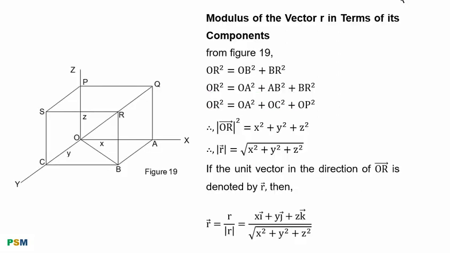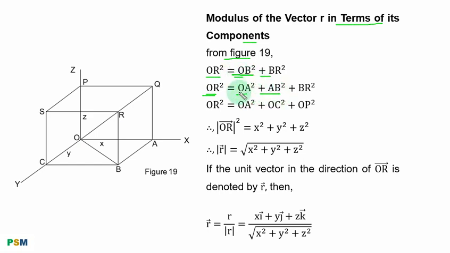Modulus of the vector r in terms of its components. From Figure 19, OR squared is equal to OB squared plus BR squared. That is Pythagoras rule. OR squared is equal to OA squared plus AB squared.